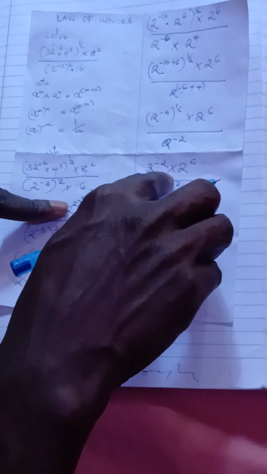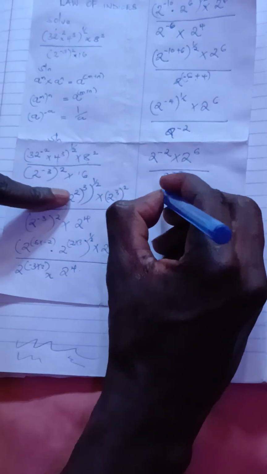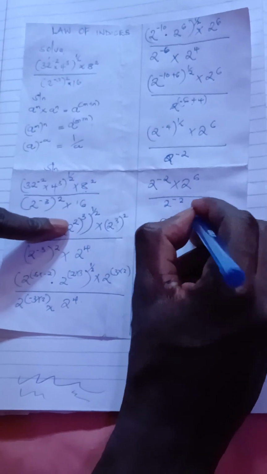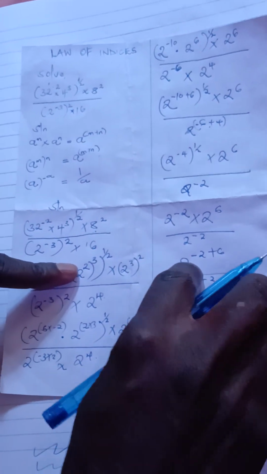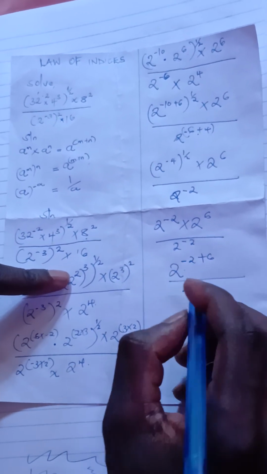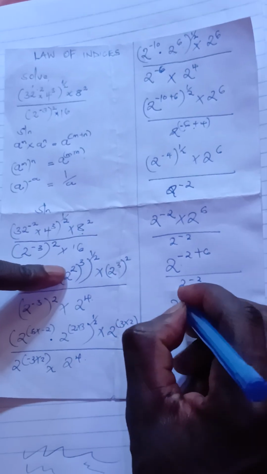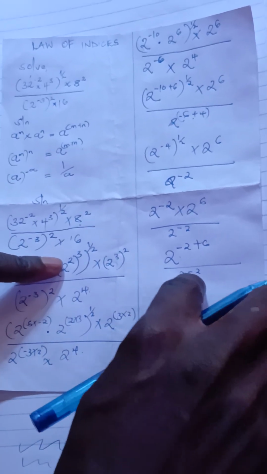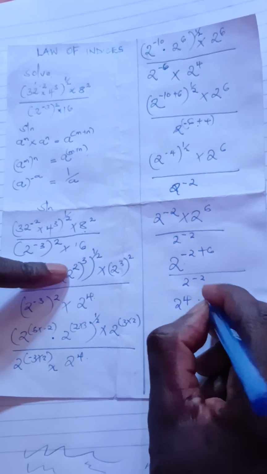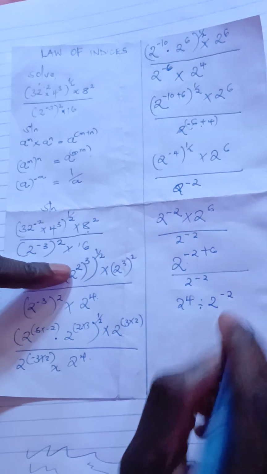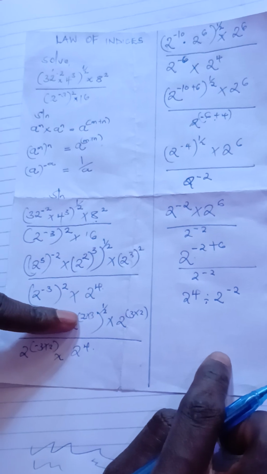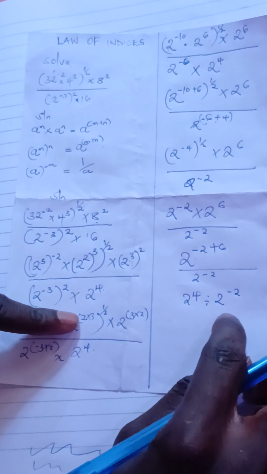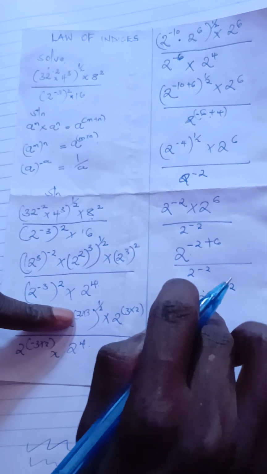If the bases are the same, we'll add the powers on the numerator. So we are adding negative 2 to 6, of course, over 2 raised to negative 2. If we add on the numerator negative 2 plus 6, we have 2 raised to 4. Since we are dividing by 2 raised to negative 2, from the law of indices, if we are dividing and the bases are the same, we subtract the power.